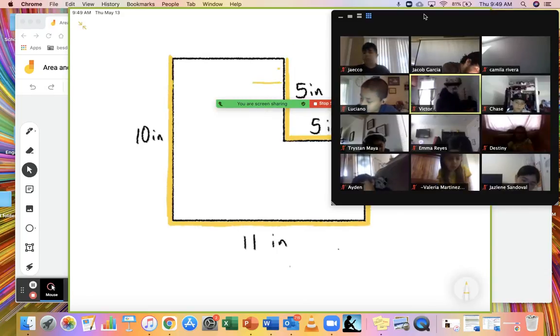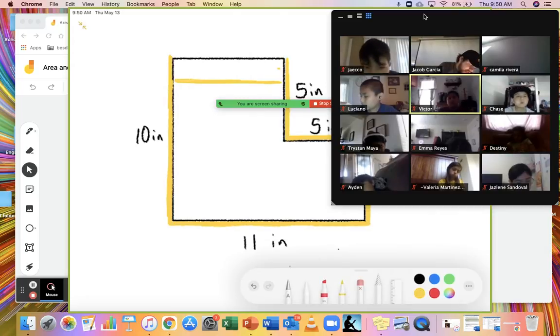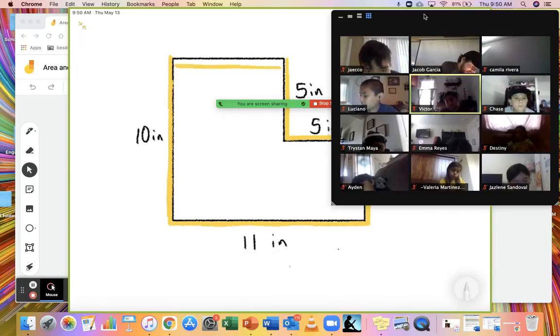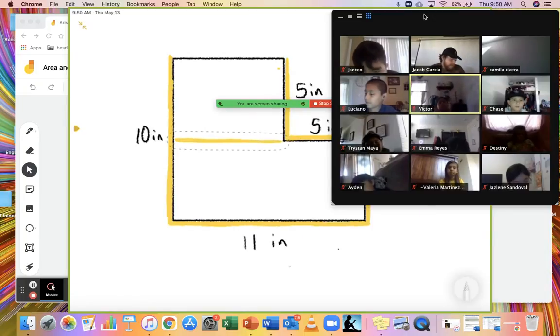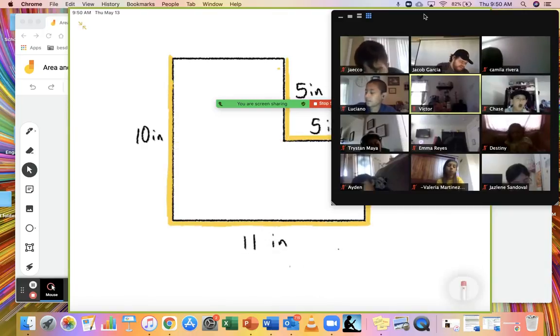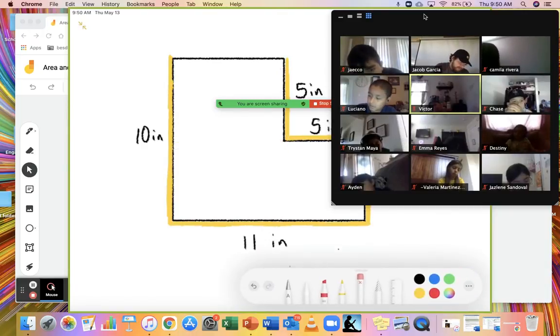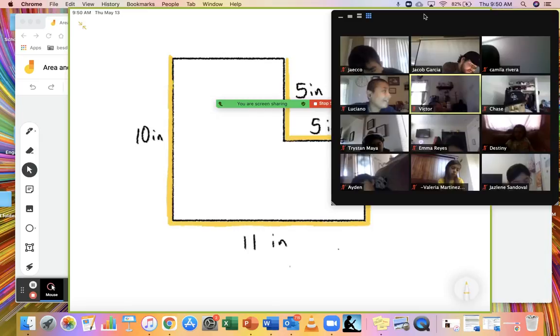We know that we have this missing side right here. And we know that together, this and this 5 need to make 11. So what plus 5 equals 11? 6. Thank you, Victor. And then after that, we'll just need to add all the sides together. So I'm going to go ahead and write 6 on here.